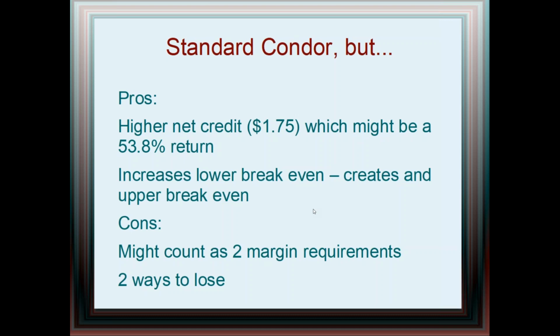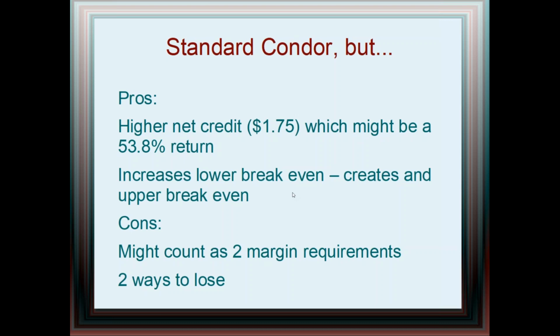So let me open the opposite side, create a Condor to give myself a little bit more protection just in case it does fall down below 300. Even if it goes to 299, it'll cost you $1 to buy that 300 strike back, but you'll still have 75 cents of profit that you originally expected.